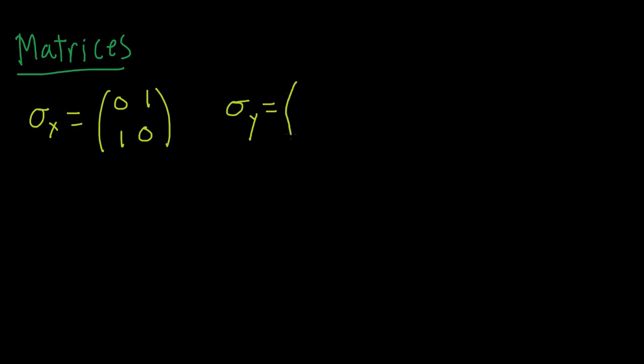Well, for the y direction, the matrix we'll call sigma sub y has components 0, negative i, i, and 0. Seems pretty cool. And the matrix in the z direction, definitely the simplest out of all of them, has components 1, 0, 0, and negative 1.